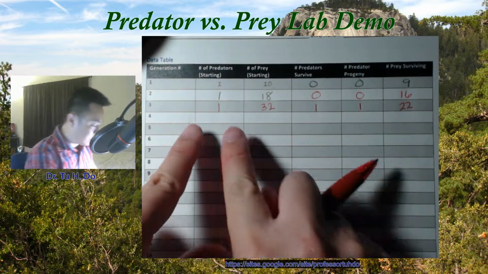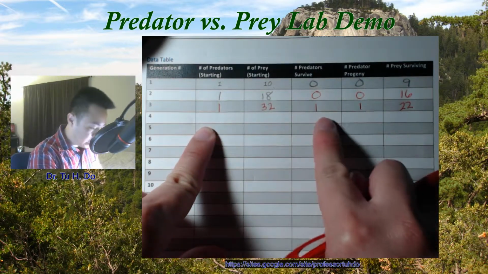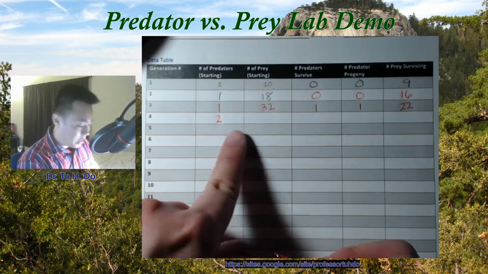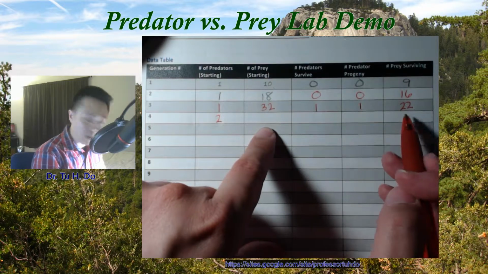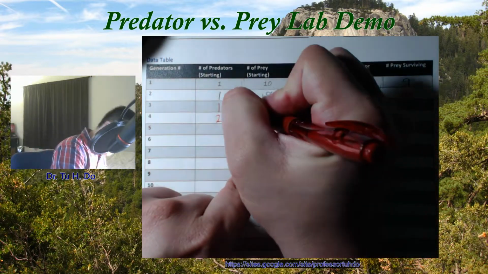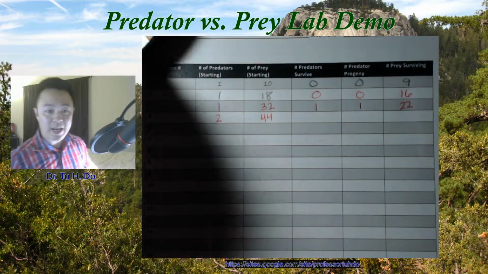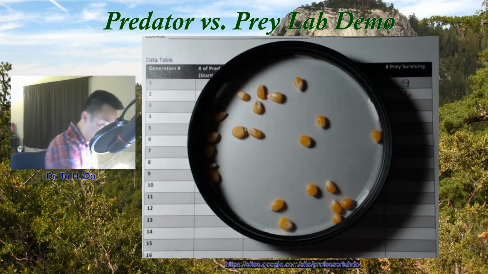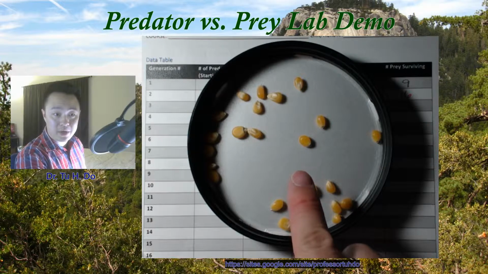That means at the start of the 4th generation, I've got 2 predators that start, and the number of prey that start is 22, doubled, which gives me 44. All right, let's make it happen. I got to get 22 in there. I have 22 in here already.